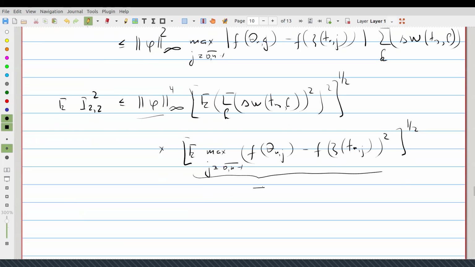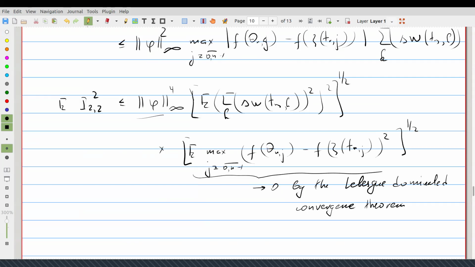This goes to 0 by the Lebesgue dominated convergence theorem, because everything is bounded and f is continuous, and theta n j are built in such a way that they go to psi t n j when n goes to infinity.